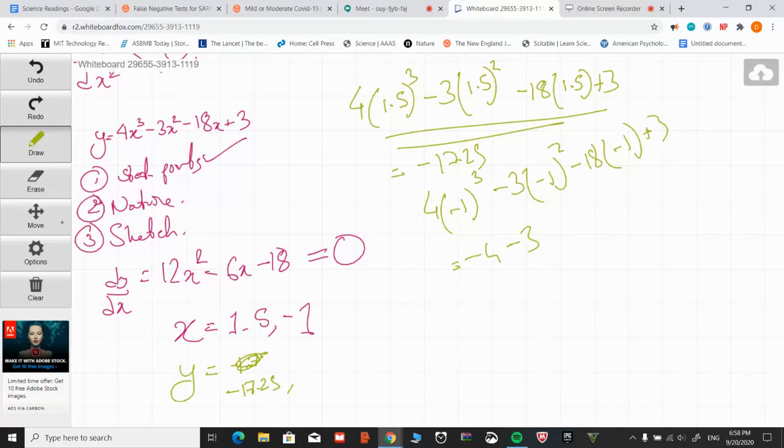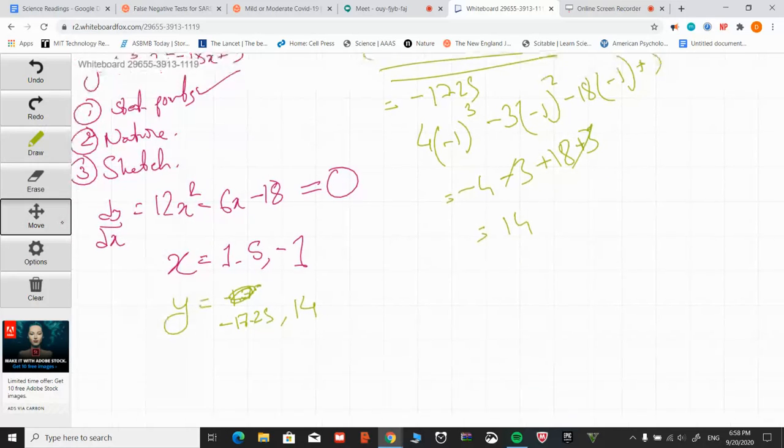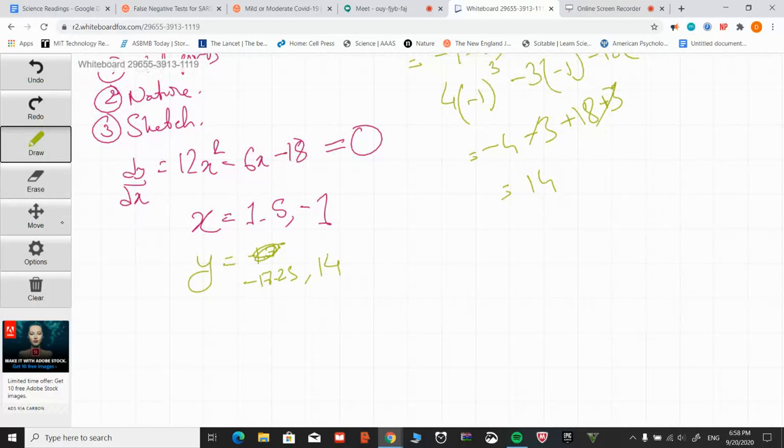Minus 4 minus 3 plus, 14 নাকি? So আমরা একটা pair of coordinates পাইছি, একটা 1.5 negative 17.25 আরেকটা হচ্ছে -1 আর 14.